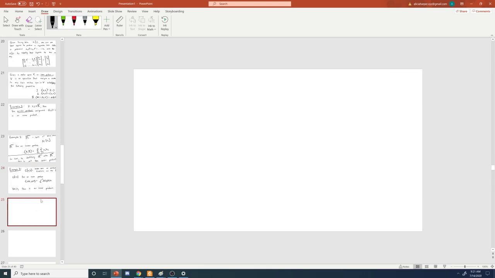The first thing we're going to do is look at the inner product of f with itself. This is the same thing as the integral from a to b of f of x squared dx.